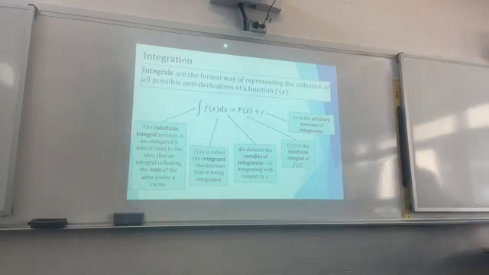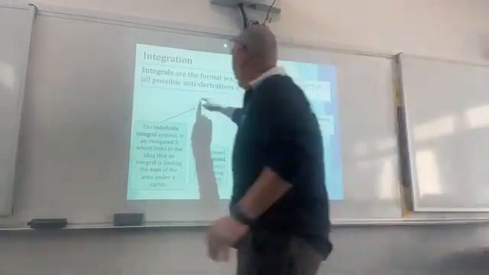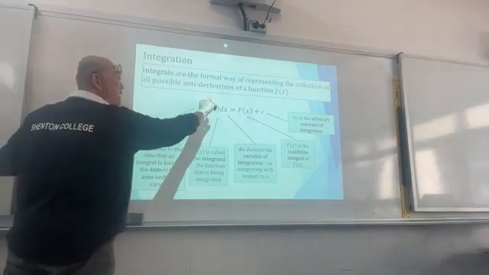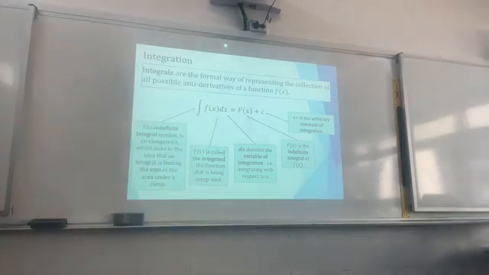Integrals are the formal way of representing the collection of all possible antiderivatives of a function f(x). So this sign is the indefinite integral sign. If it's definite, there'll be two numbers there, which, like I say, you'll learn in year 12.